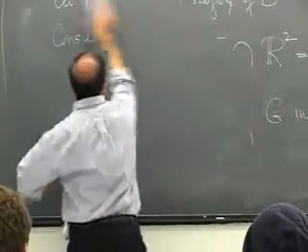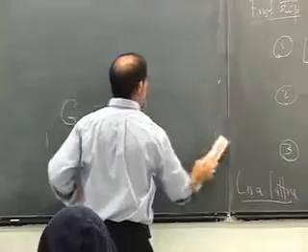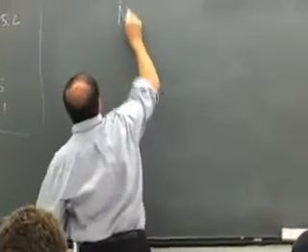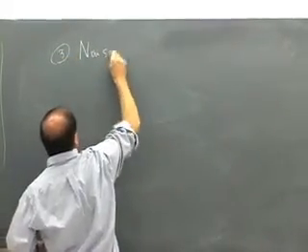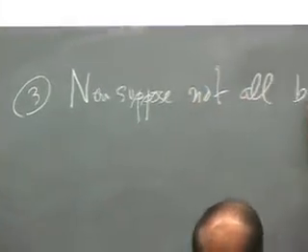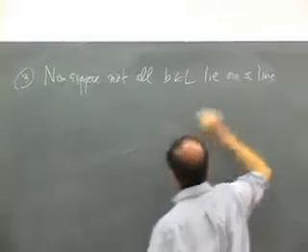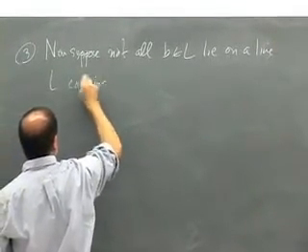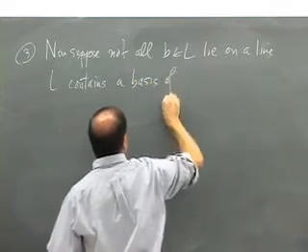Now comes the fun part. Now suppose that they're not all on a line. This is case 3. In other words, L contains a basis of R2.